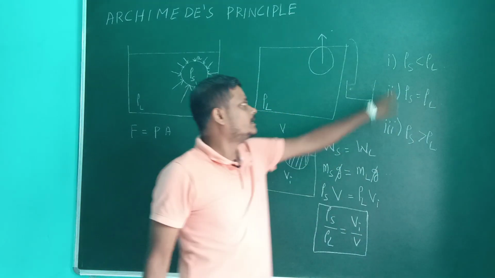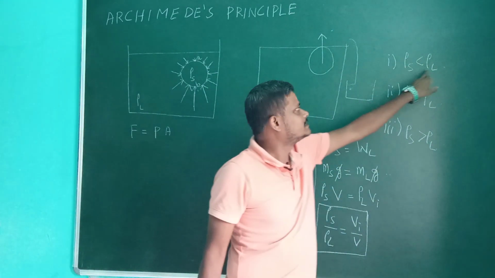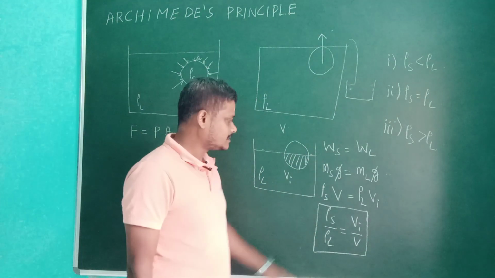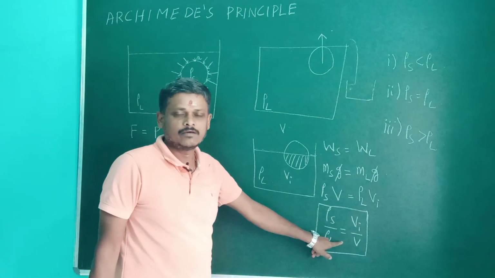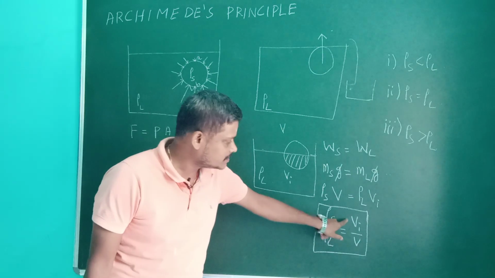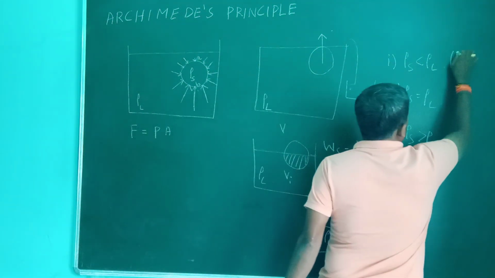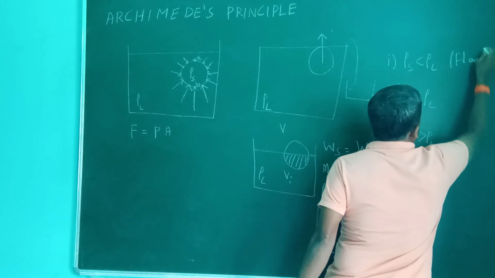If density of the solid body is less than density of the liquid, the body will float, and fraction of the volume of the body immersed is given by this equation, Vi by V. In this case, the body will float.